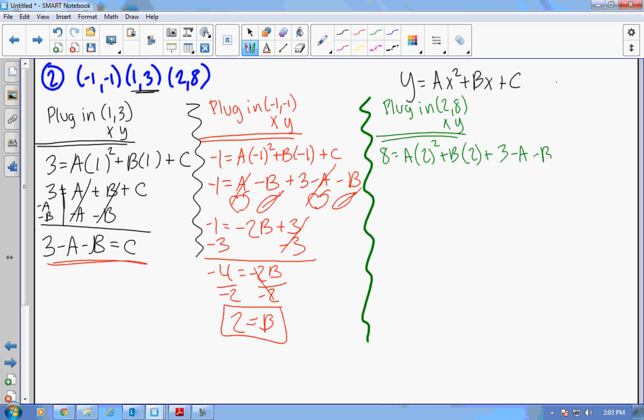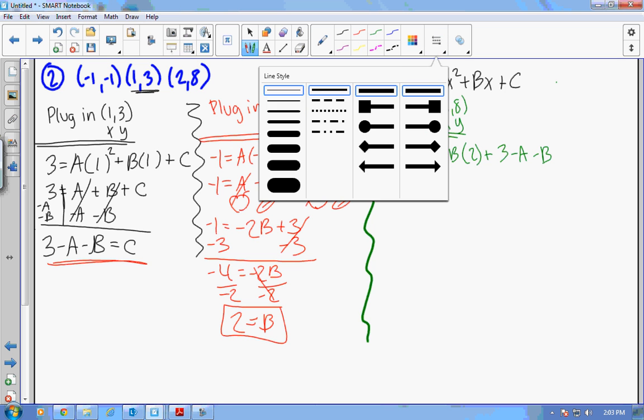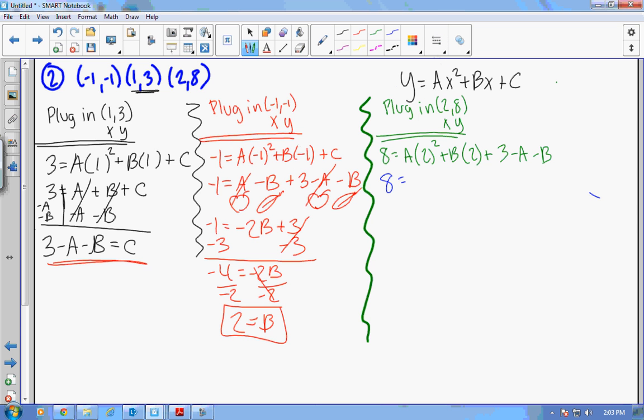Okay, and we actually have a value for all of those b's, right? What is b? 2. So now I'm going to go back through and change my b's to 2. Well, I might as well do some work. 2 squared on my a makes that 4a plus 2 times 2. All the b's are 2.